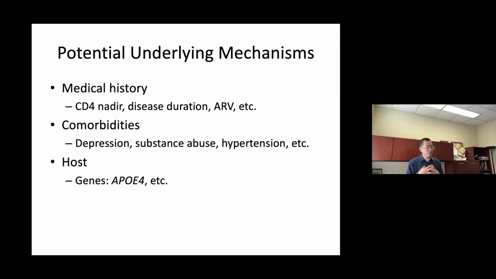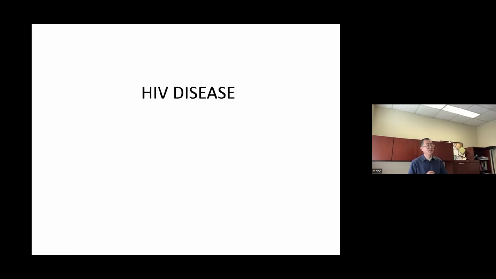And we also think genetic risk might play a factor, especially because we have an aging population living with HIV disease. We know some genes carry a risk for cognitive impairment. One of the best known is APOE4, because APOE4 has been the strongest genetic risk for late-onset sporadic AD. So how APOE4 might affect brain function in the HIV population, especially the aging population, is an interesting question I want to study.